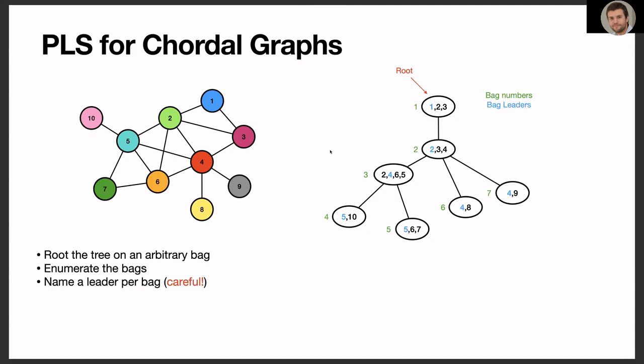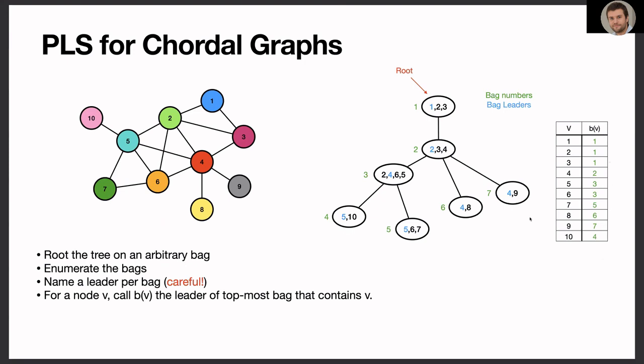Here we have to be very careful, because the same vertex can be in many bags, so we don't want to make one vertex the leader of many bags, because they will be in charge of checking that this part is a clique. So we will have to choose a good tree decomposition that allows us to pick a few leaders for the vertices in a way that we can spread the information nicely. It's a technical detail.